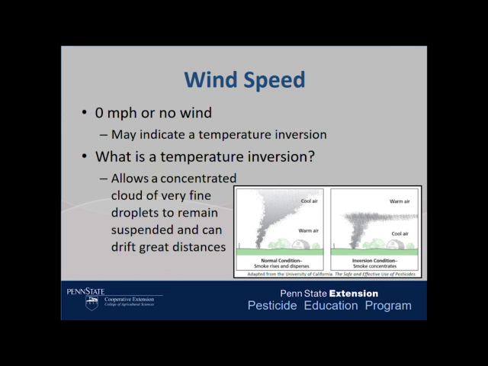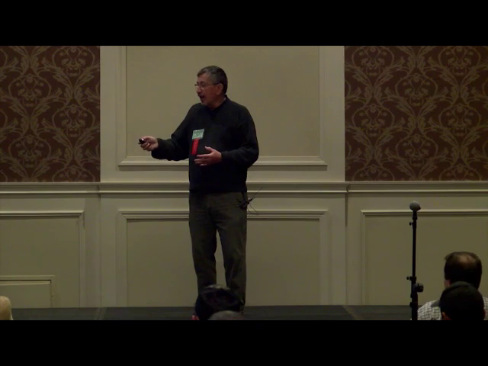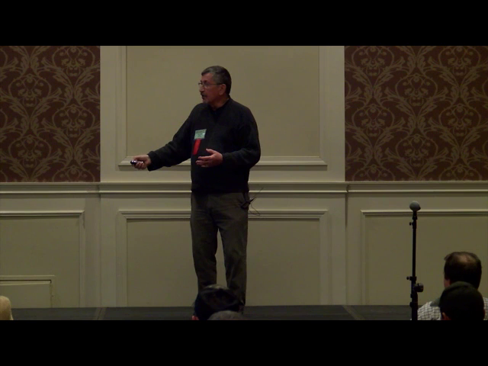But what happens is in a temperature inversion where you go out and it's just perfectly calm, you make an application and you get a concentrated cloud of very fine droplets. They will remain suspended for a very long time, but they also have a tendency to move off site. So even though it sounds strange that you say, don't spray when there's no wind, if there's no wind, there's a good chance that we have a temperature inversion like this.